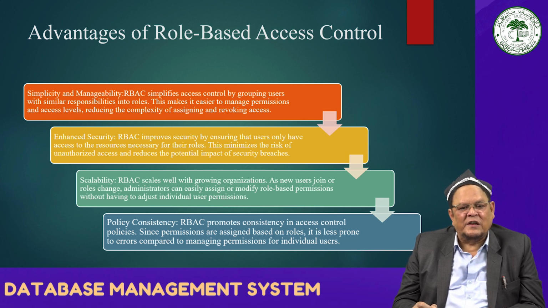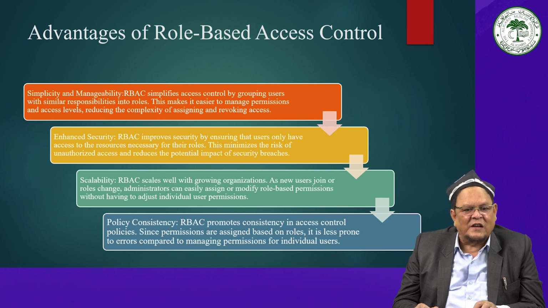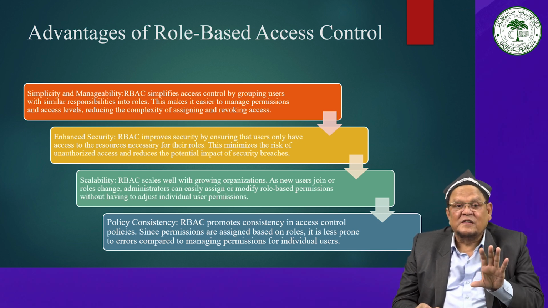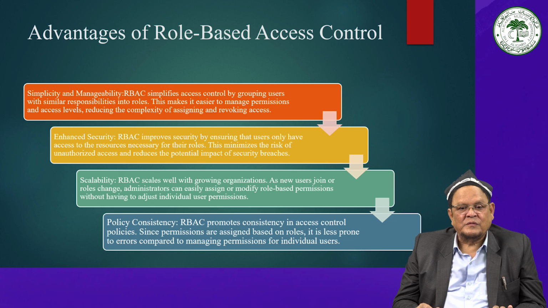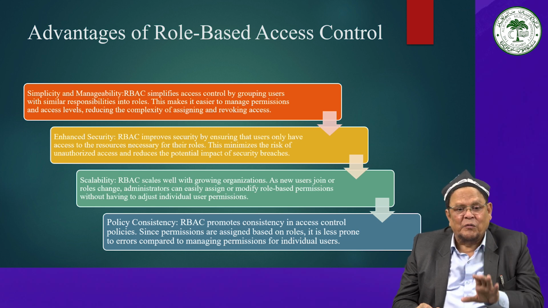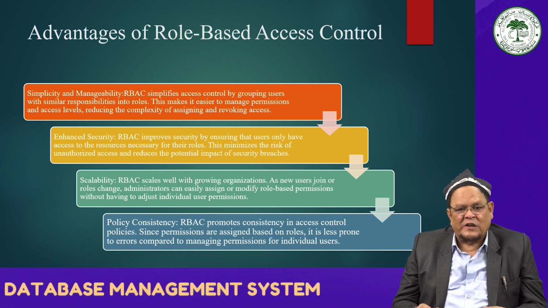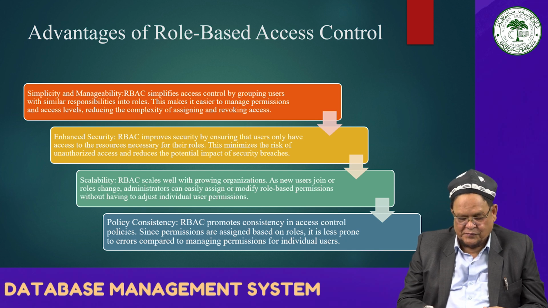Enhanced security: it improves security by ensuring that users only have access to the resources necessary for their role. Depending on roles, he can access the system. It means by that we are able to minimize the risk of unauthorized persons accessing the system, and we are able to reduce the potential impact of security breaches.